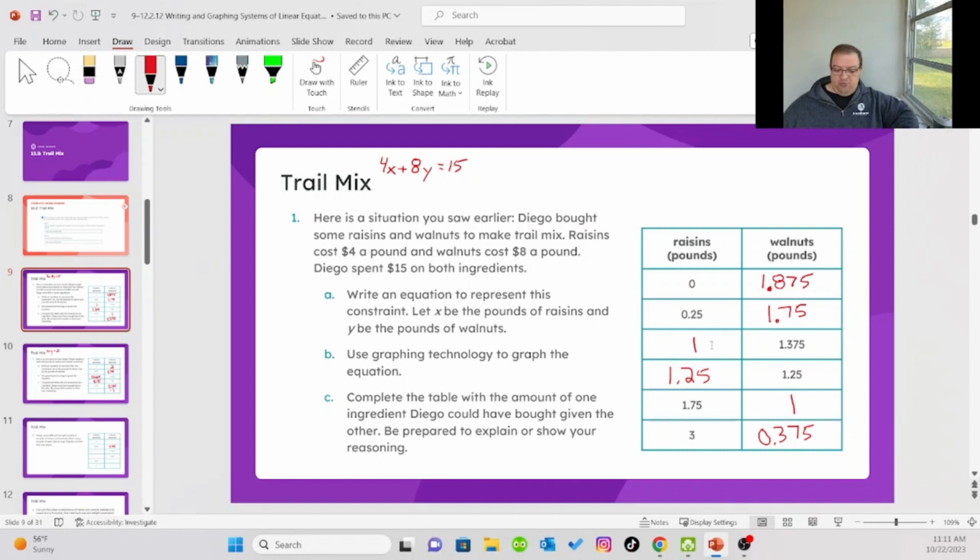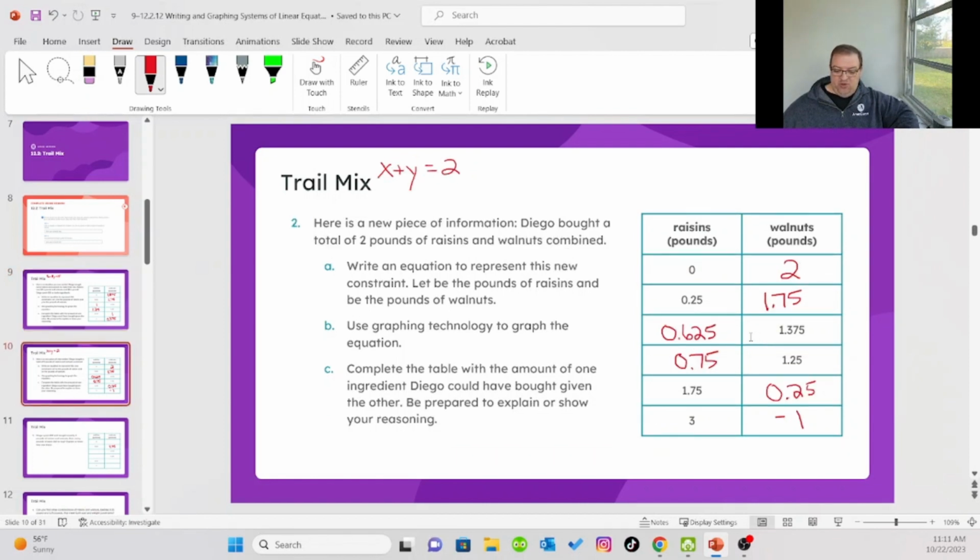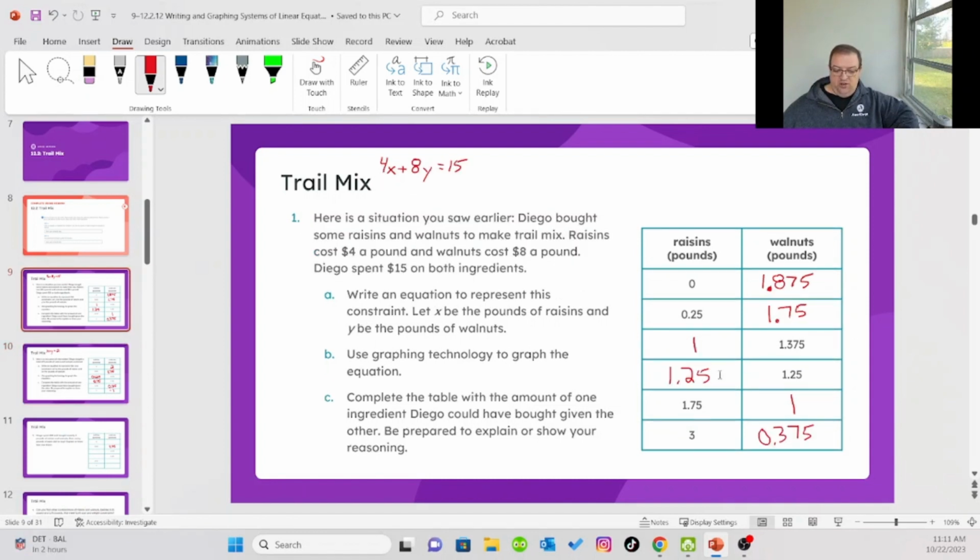Here, when I'm looking at price, 1 is 1.375, but when I'm looking at pounds, it's not 1 anymore, it's 0.625. The next row is 0.75 when I'm talking about pounds, and 1.25 when I'm talking about price.